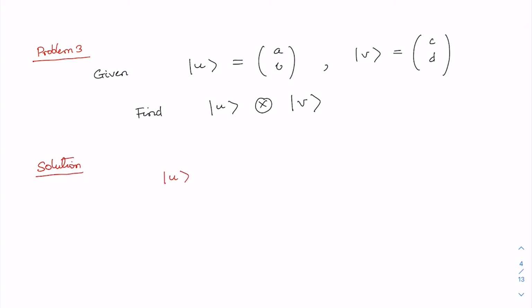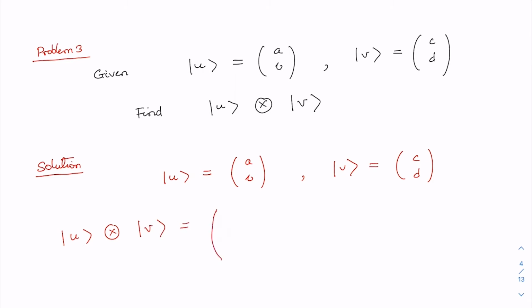So ket u is equal to the column vector a, b and ket v is equal to c, d. So the tensor product of ket u and ket v would be, let me first write down the elements of u, a, b, and then here the ket vector v.